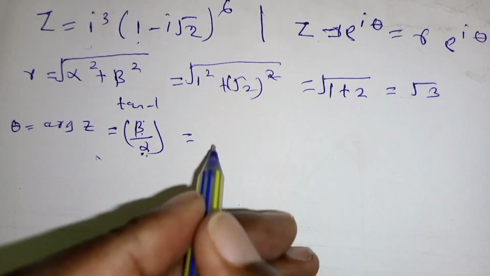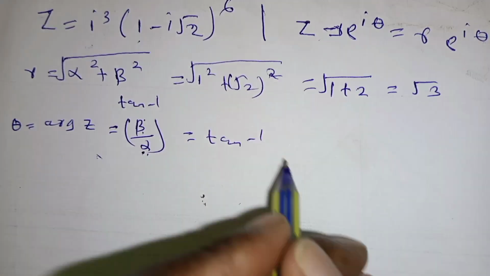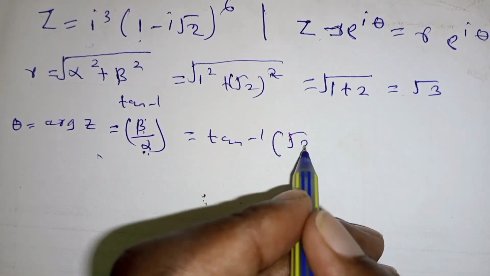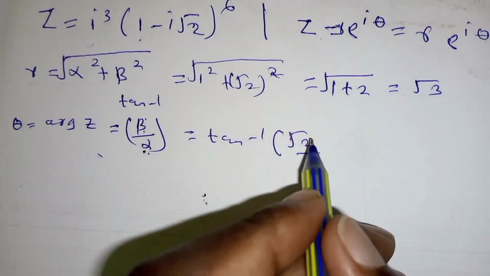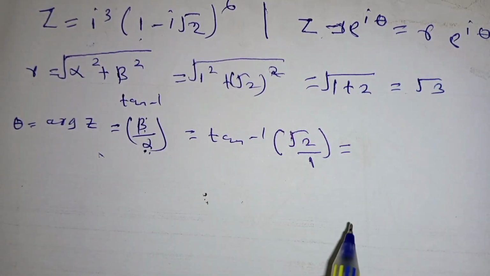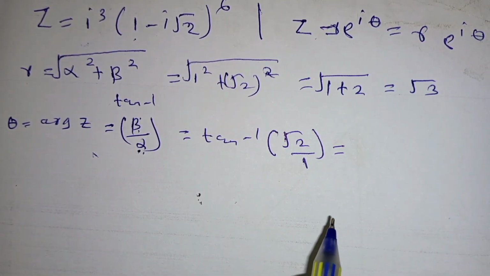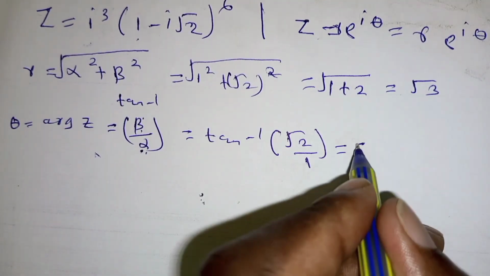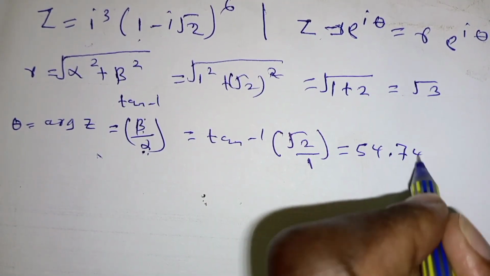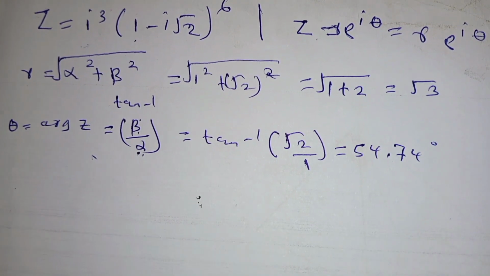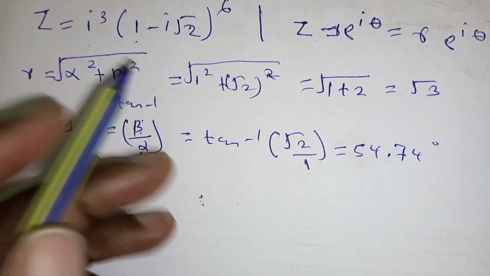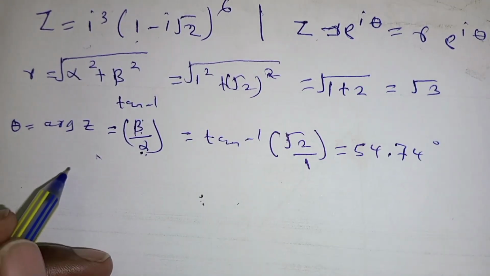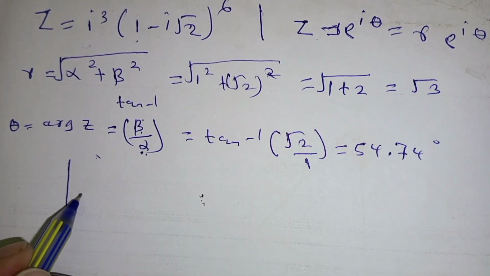In our case, we will have tan inverse of root 2 over 1. From your calculator, when you calculate this, it is going to give you 54.74 degrees.